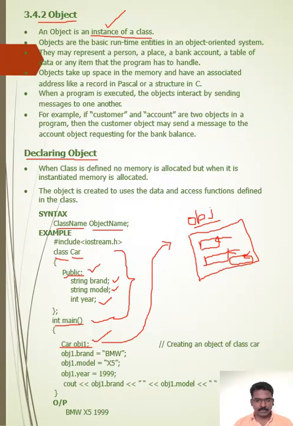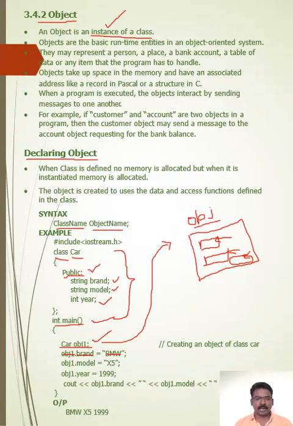For this object1, the data members are created in memory. Now these memories are empty, and we have to assign values. To assign a value to a member of an object, you use the object name, dot, the member of the object, and you assign the value to it.